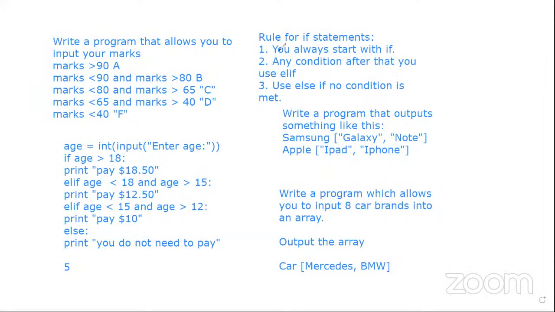All right, Hasna, are you still here? Yes. Are you able to do the marks program? I've done them all, except for the Samsung one. Yeah, you don't need to do that. That's not for you.